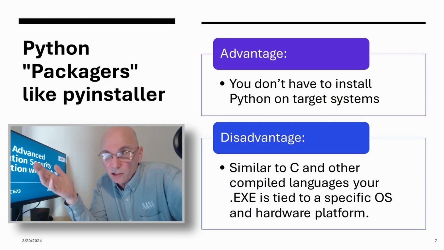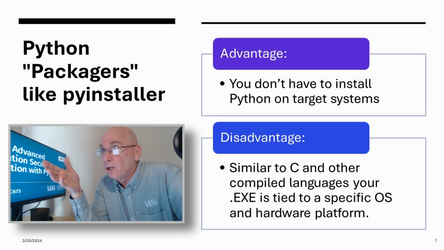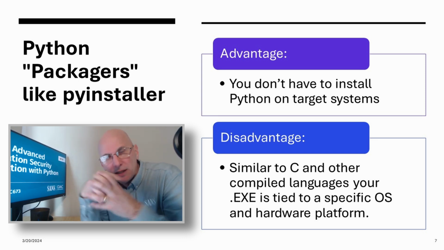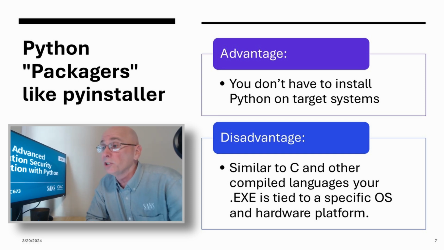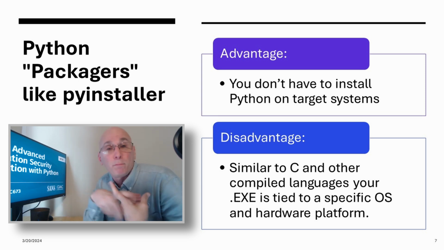Another way that I can distribute my application is by using a packager like PyInstaller. These are applications that will take our Python programs and all of its dependencies, and package them up into an exe that an end user can run on their system, right? The big advantage for the end user is they don't have to have Python installed.